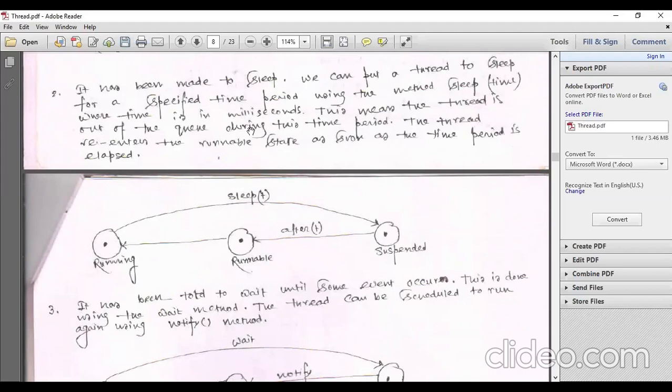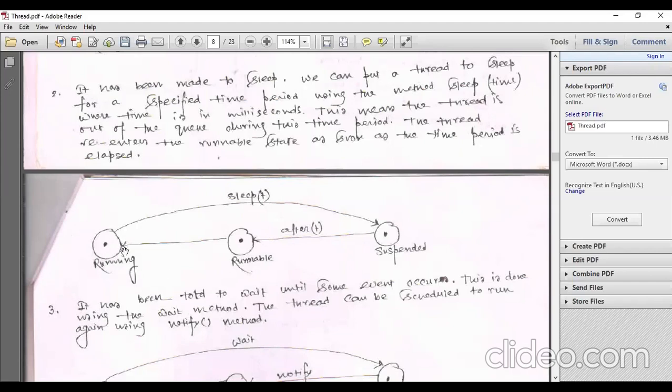When a thread calls the sleep method, it is in block state and is suspended for those few milliseconds given as the parameter of the sleep method. After that time elapses, the thread automatically comes from block state to runnable state.